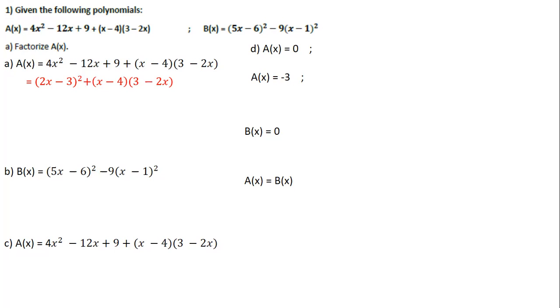Yes. What's the common factor, Fadil? 2x minus 3. But in the second one, we do not have a 2x minus a 3, right? Yes, we have 3 minus 2x. So we should change the sign of the second one. 3 minus 2x, we should change its sign, right, Fadil? Yes.